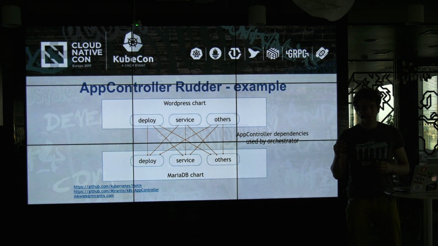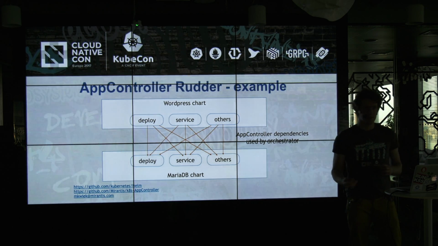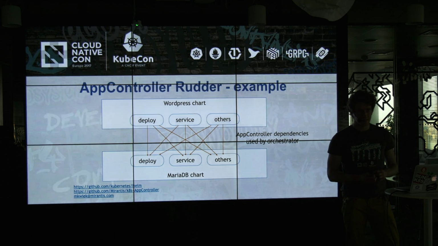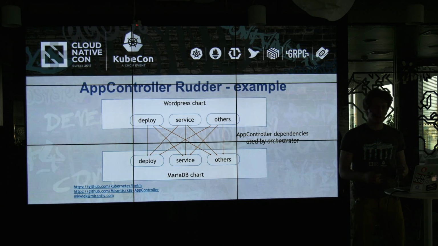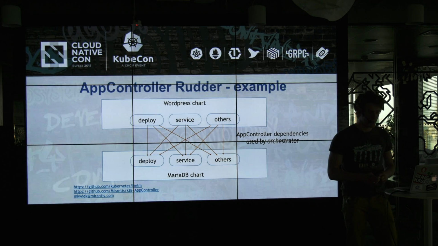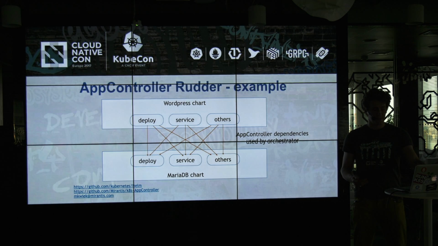All components from the parent graph are dependencies for all components of the child graph. So obviously this could be done better, but this is still in a phase of maybe a bit after proof of concept, but it's not really mature tech yet. So sorry about that. But basically we have dependencies.